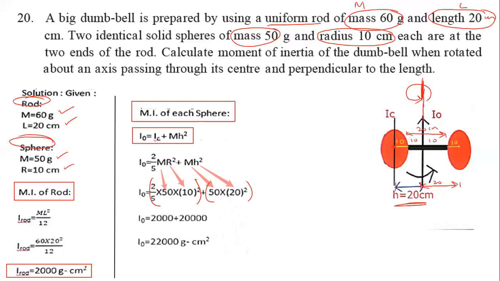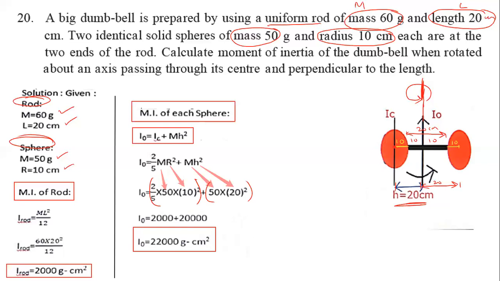So 22,000 is the moment of inertia of one sphere. Two spheres are there, so the moment of inertia of both spheres is 22,000 plus 22,000, which is 44,000.